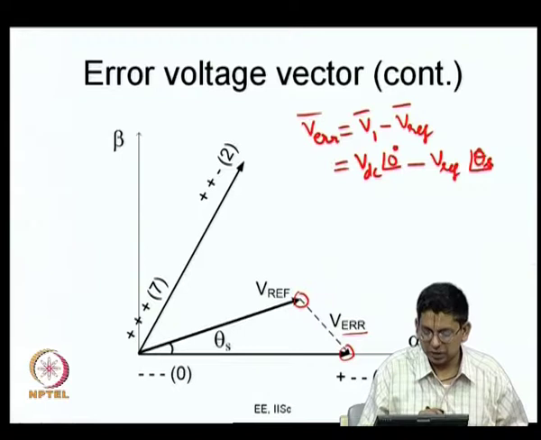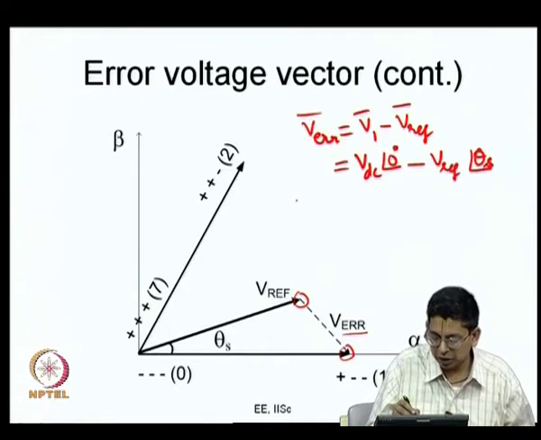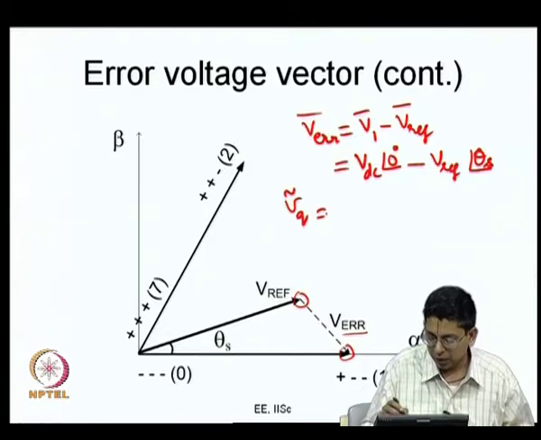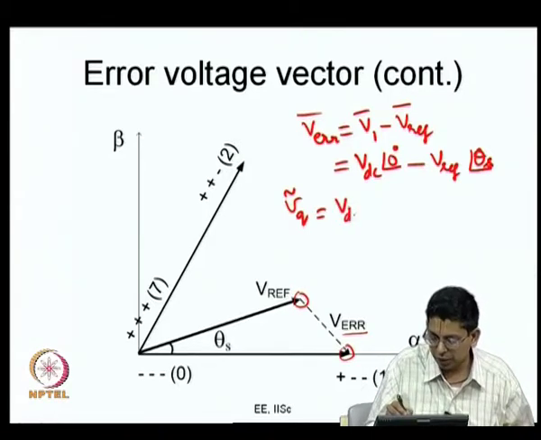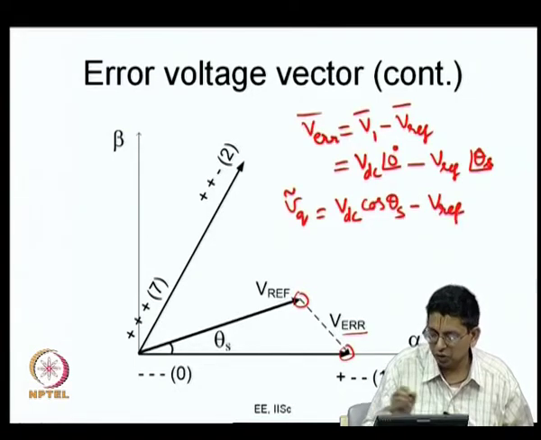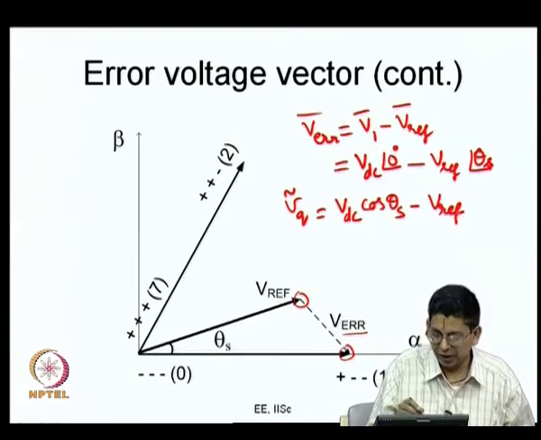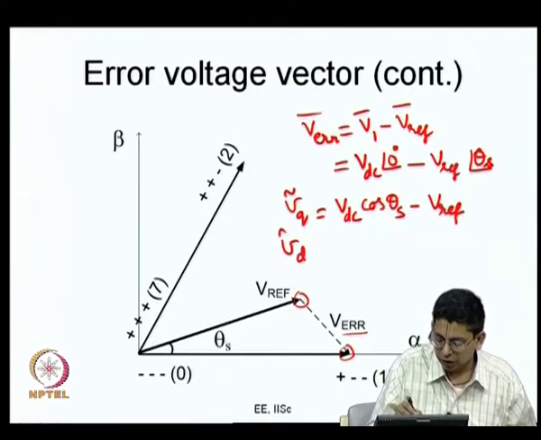So, I can write this in the DQ reference frame also. If I take VQ tilde, what is VQ tilde? It is going to be VDC times cos theta s minus V reference. This is your VQ tilde. And what is VD tilde?